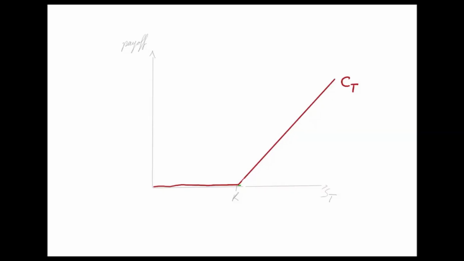It must be that the long position pays an initial price for that call option. And therefore, we can also look at the profit. And the profit is just a parallel downward shift of that red curve.